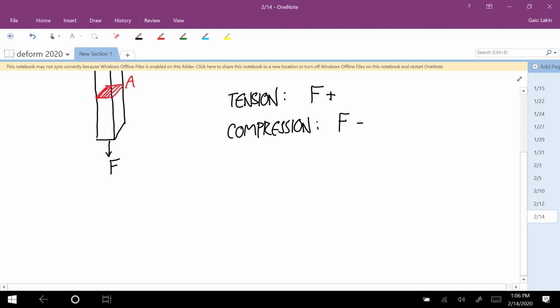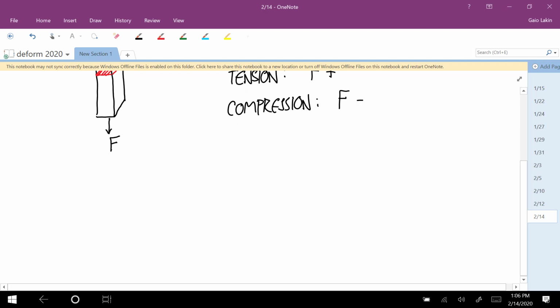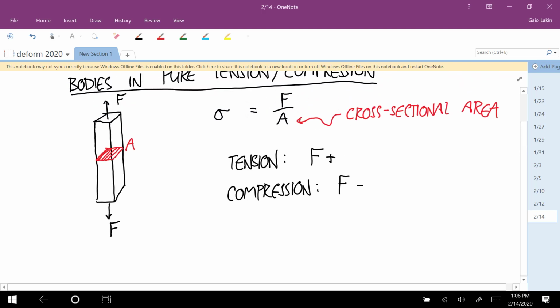And one of the things that's going to be really useful for this is, okay, so look at that picture. It looks like that load is being applied as a point load, right? I mean, that's the way I drew it. But if you really applied, well, first of all, there's no such thing as a point load.